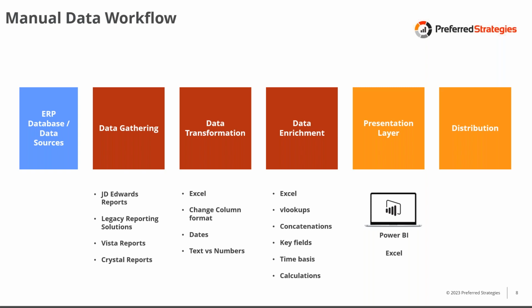So most people now do a data gathering phase, and that might be traditional JD Edwards reports or Vista reports. Might be other legacy reporting systems that you've added on. I must have written hundreds of Crystal reports over my career that looked at that data, gathering that data out.